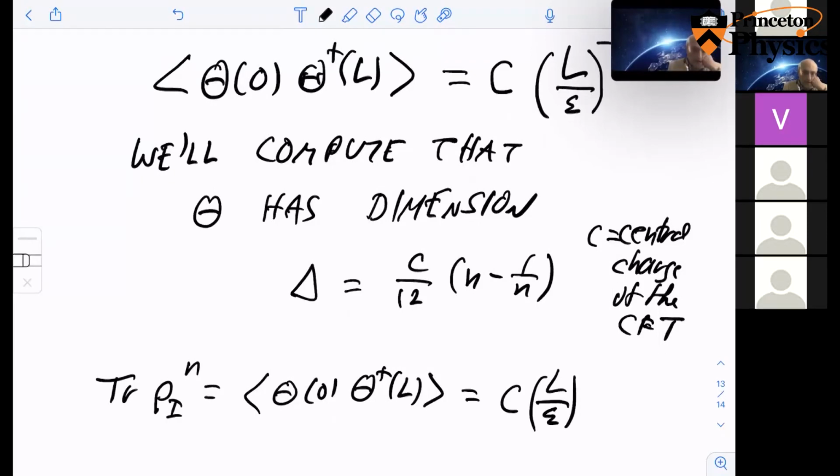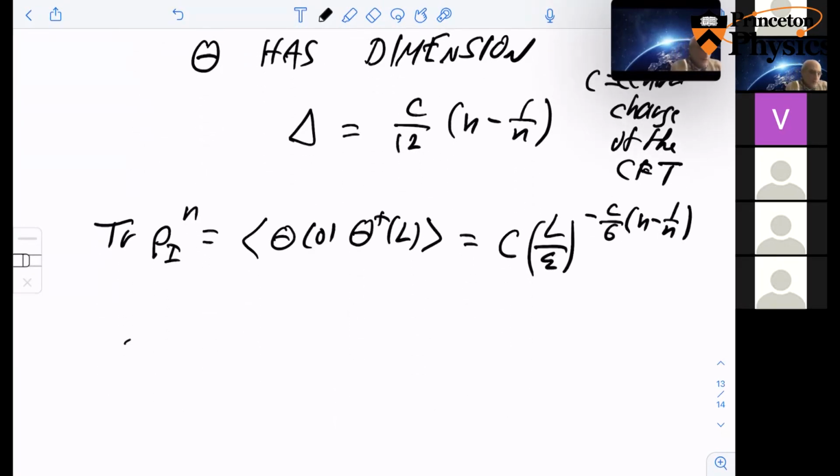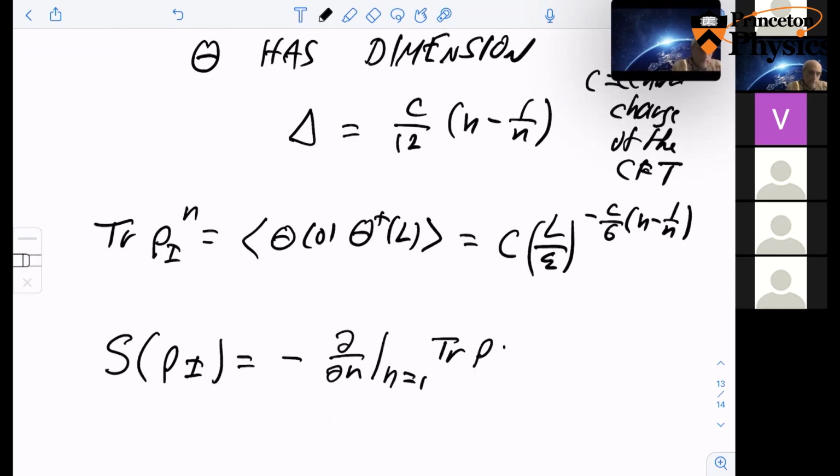So L over epsilon to the minus C over 6 times n minus 1 over n. And then we'll compute that it'll follow that S, the entropy, just by differentiating this formula at n equals 1.